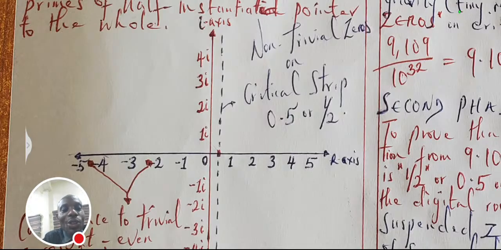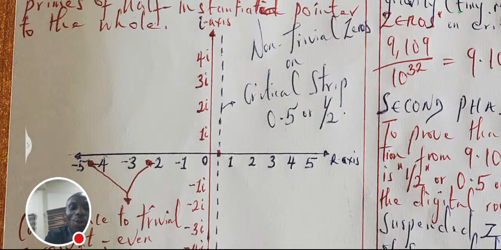So now we have those zeros being lined up like that, on 0.5, or rather, half of 1. We have it right there.